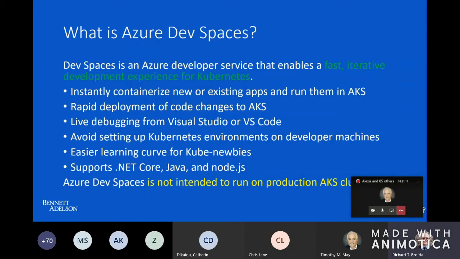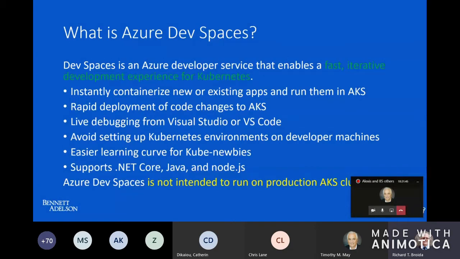And again, one of the things I believe in is that development processes should change incrementally. You can instantly containerize a new or existing app and run it in Azure Kubernetes Service. Remember that if you have an app that's just running plain on-premise or running in a simple Azure environment like Azure Application Services, in order to put it in Kubernetes, you first have to Dockerize it by creating a definition for a Docker container that you're going to put it in.